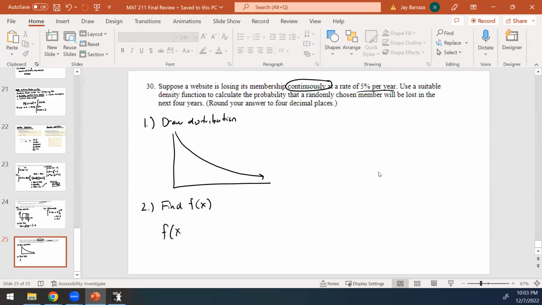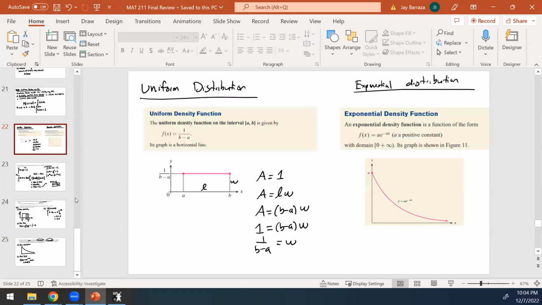So f of x, using the word continuously, means a e to the negative ax. And so a is the rate of change, or the growth rate, or the decay rate, I guess, technically. So you're decreasing, you're losing 5%. So it's going to be 0.05, because 5% is 0.05, e to the negative 0.05x. Okay. Let me just double check something.